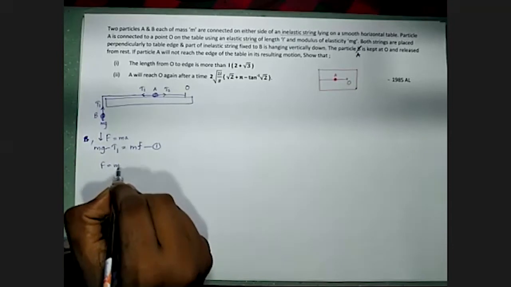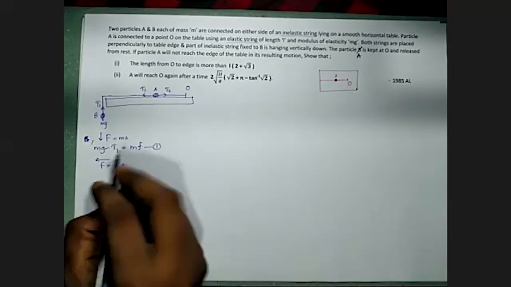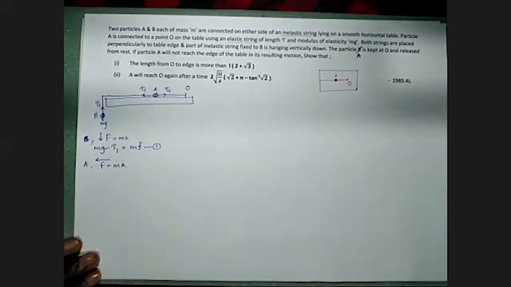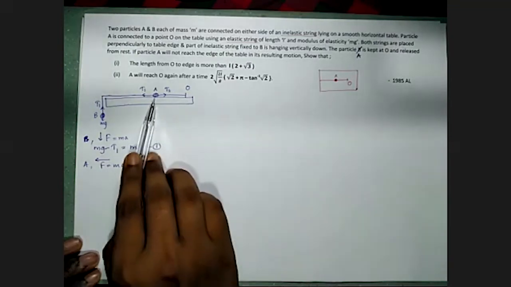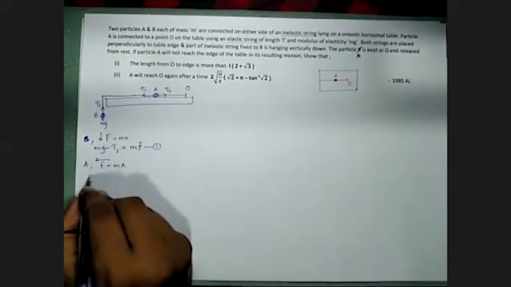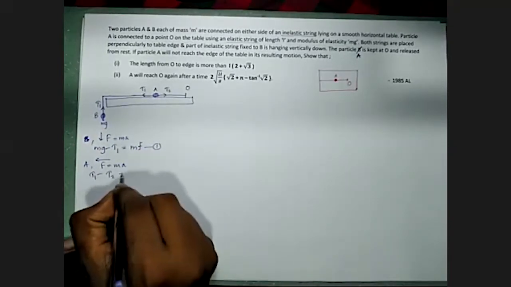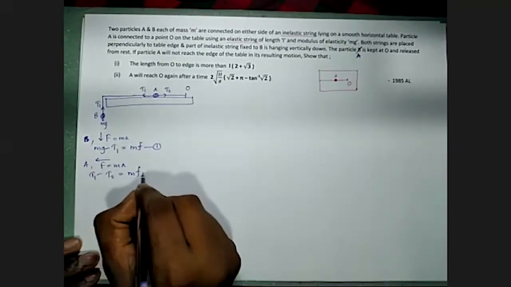Now F equals MA to the left-hand side for particle A. What are the forces acting at A? T1 minus T2 equals Mf, because both of them are one system, therefore they have the same acceleration.